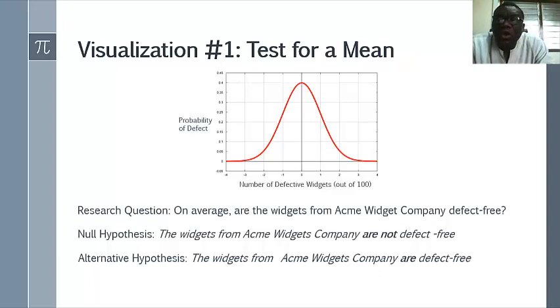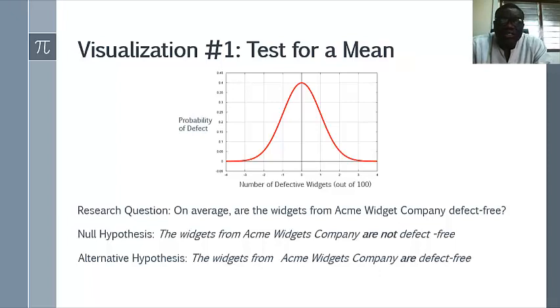Now read. On average, are the widgets from Acme Widget Company defect-free? So based on our earlier assertion on the null hypothesis and alternative hypothesis, insofar as this test for a mean is concerned, the null hypothesis is that the widgets from Acme Widgets Company are not defect-free.